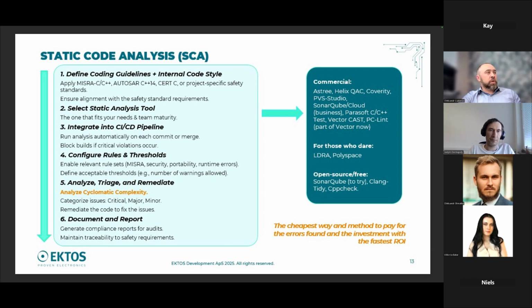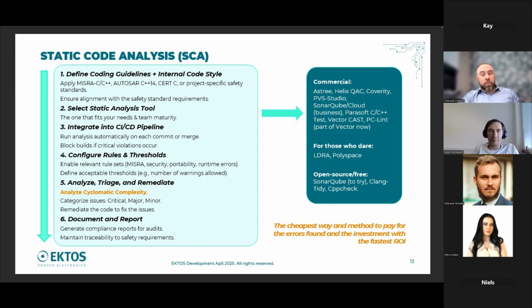And then you integrate the tool you have chosen into the CI/CD pipeline, so it's all automatically hooked whenever you want to build the source code of your product. You configure rules and thresholds, so you get specific notifications when there are specific violations in the code. You analyze and remediate, or triage, specific problems that the system reports to you. What is really important to emphasize here is that you analyze the cyclomatic complexity. Why is it important?